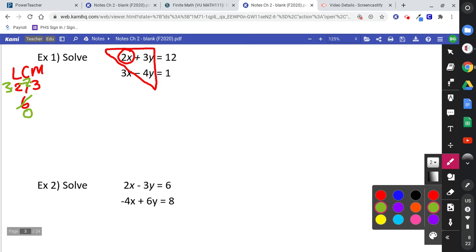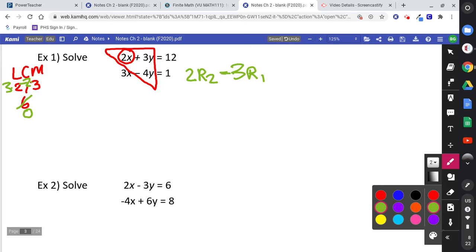So what's important is to come up with the rule that gets you to that 6 minus 6. What you could do is say 2 row 2's minus 3 row 1's. All I'm trying to do is get 6 minus 6.